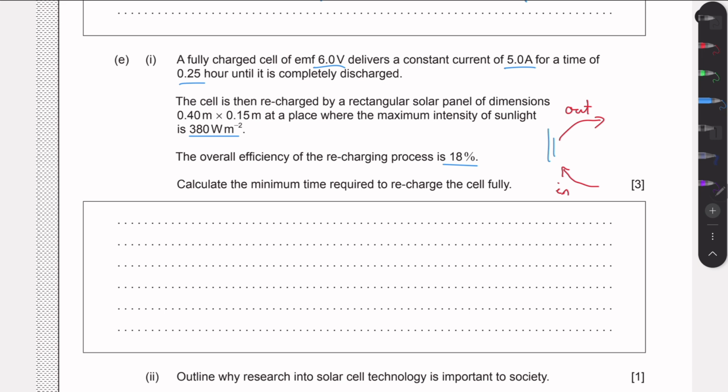We can calculate the energy going out of the cell, as we can calculate the power from simple circuit formulas. Power is just voltage times current. So we know the EMF and the current through the cell. And we also know that power is equal to energy over time.